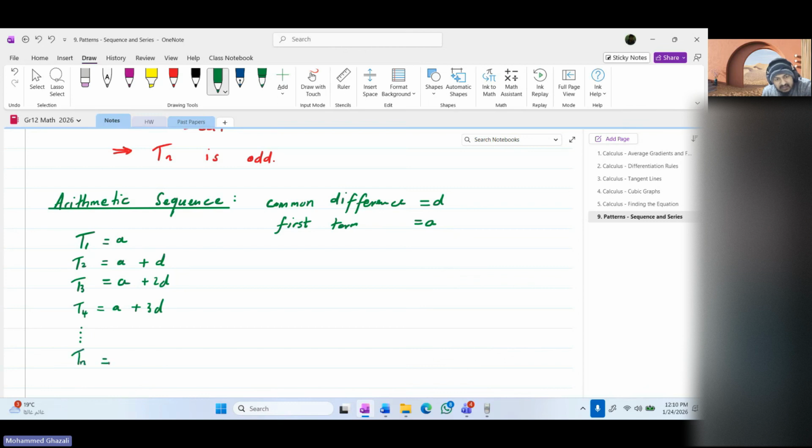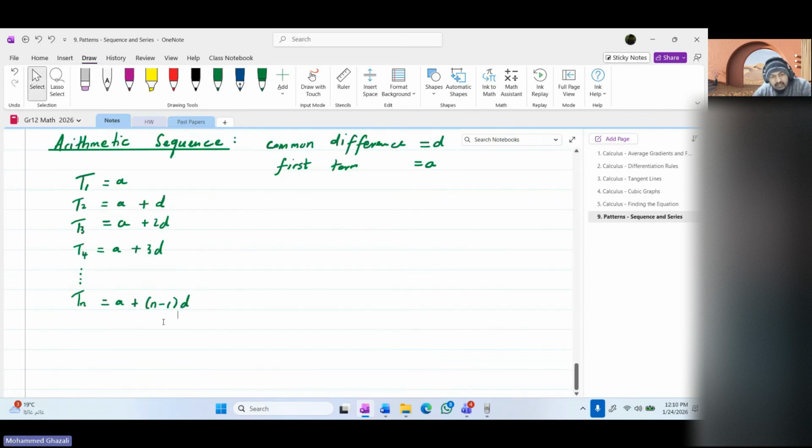So what's term N? A plus, see what's this? This was 4, that was 3. So if this is N, it's going to be N minus 1 D. Okay, and that's how you derive the formula.